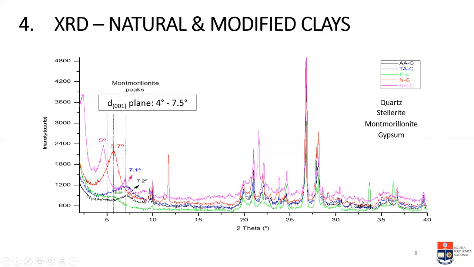In the case of the activation performed using the saline, we have a movement of this peak, but in this case to the left. So it increased the interlayer spacing in these saline activated clays.